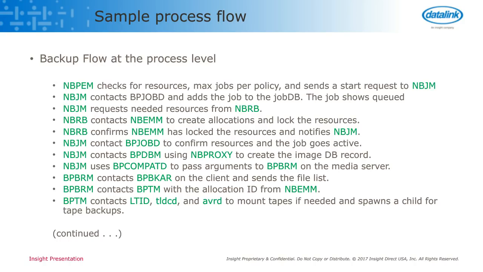The next thing that will happen is NBJM, the job manager, is going to request the needed resources. So it's going to reach out to the NBRB process. This is the resource broker, and it's going to request the resources that it needs for the job. This could be a tape drive, a job ID.